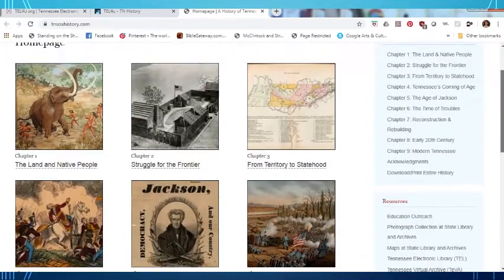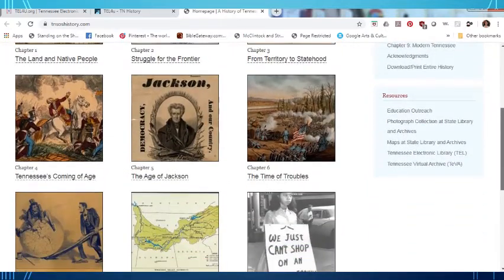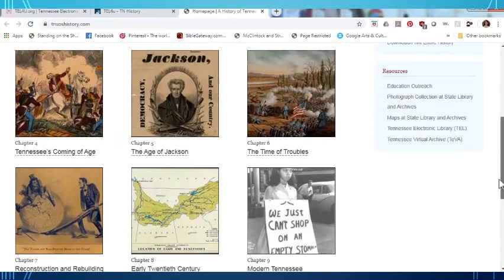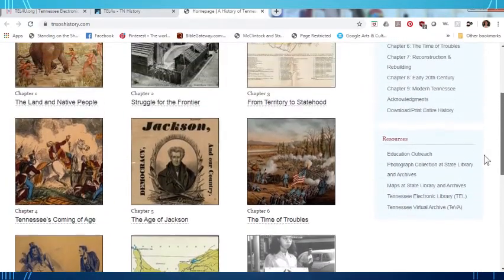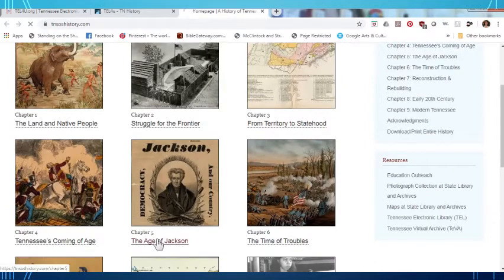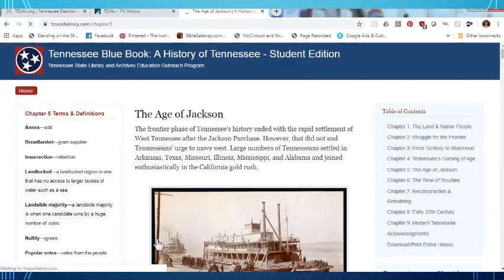And you're going to see that it's divided up into different eras or periods of history. And we'll look at the Andrew Jackson era because it's chapter 5. Let's see, Age of Jackson. It's right in the middle.